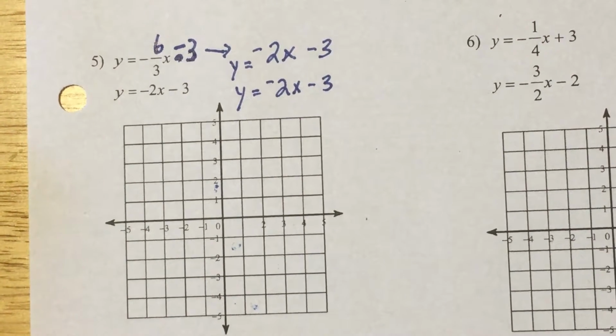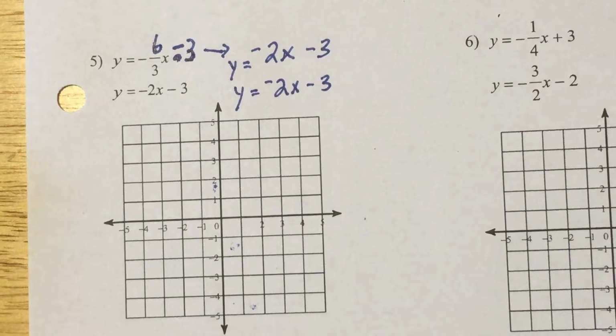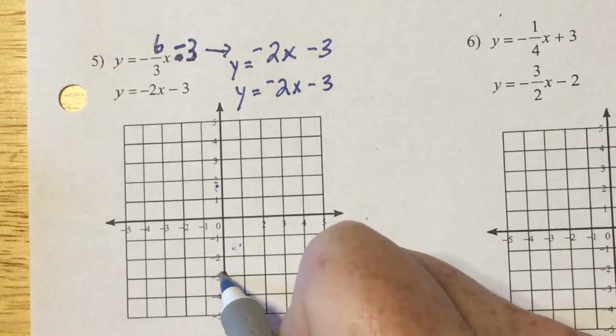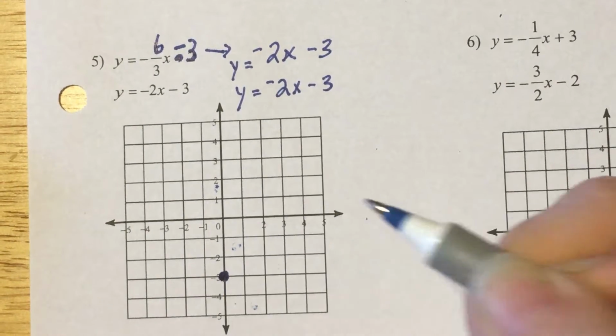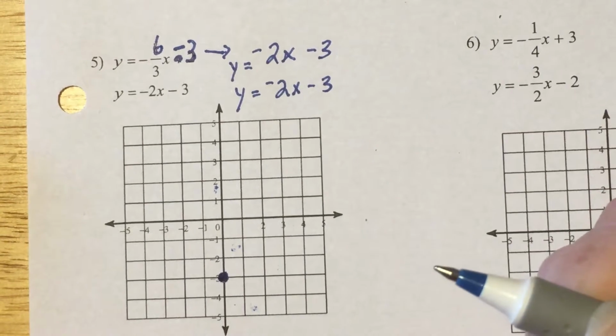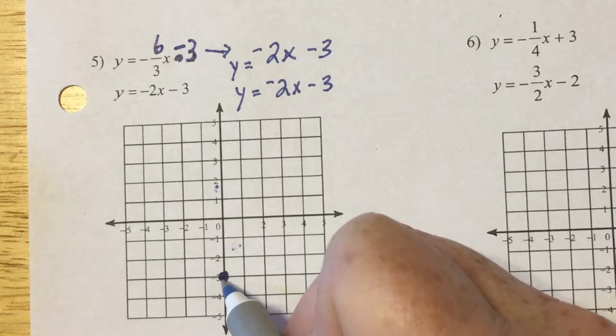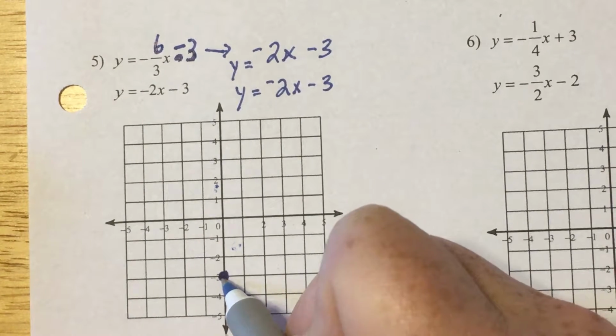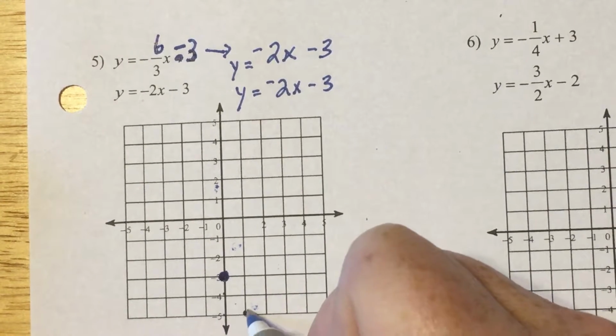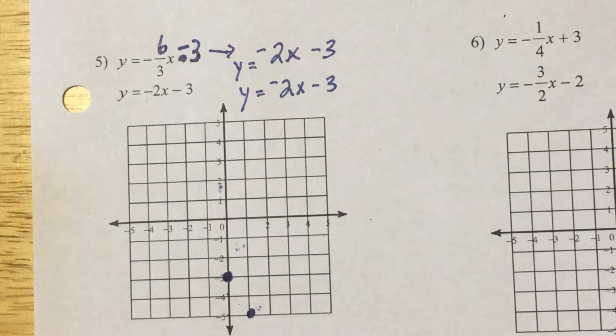When that happens, you'll think that you're going to be able to recognize it right away, and I hope you do, but sometimes we get in a zone and we just start, well, I got to graph all these, and then you graph them, and then you don't realize, hey, something's wrong here. So I got negative 3, but then when I go down 2 and right 1, I start going off the graph.